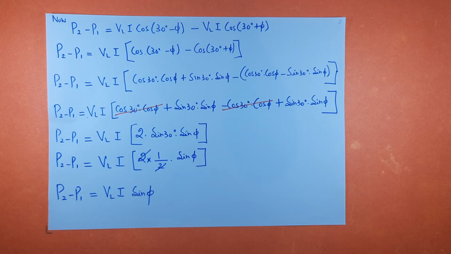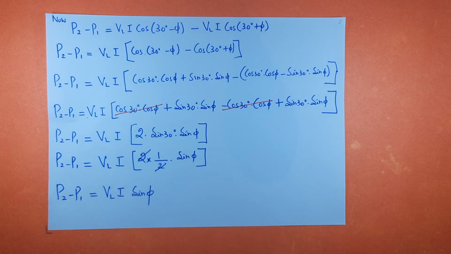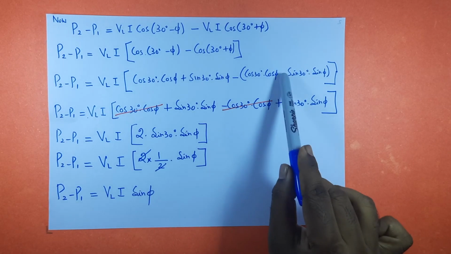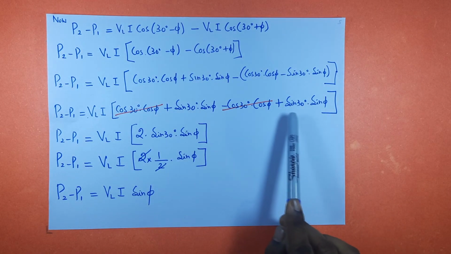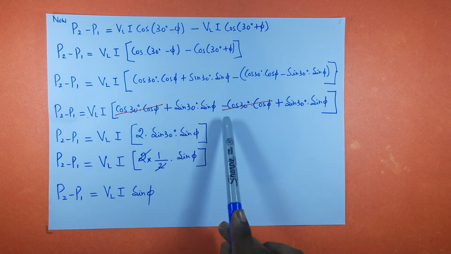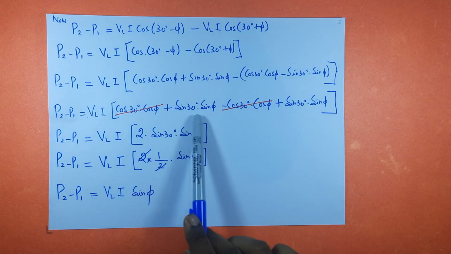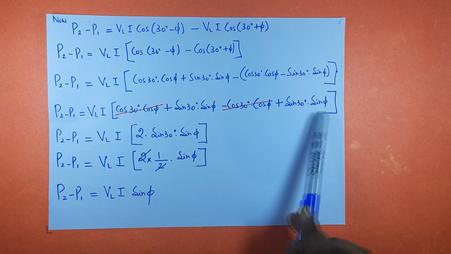Multiply this minus inside the bracket: minus cos 30 cos phi, minus into minus plus sin 30 sin phi. So cos 30 cos phi minus cos 30 cos phi, these two get cancelled. Sin 30 sin phi plus sin 30 sin phi.